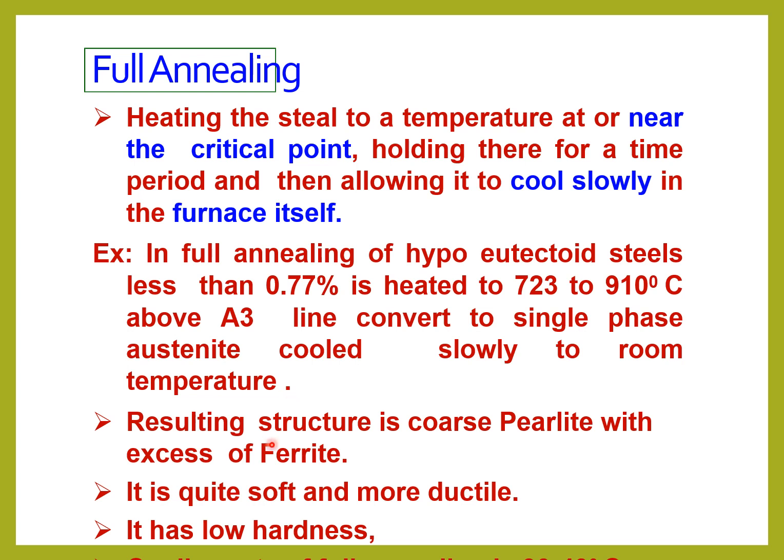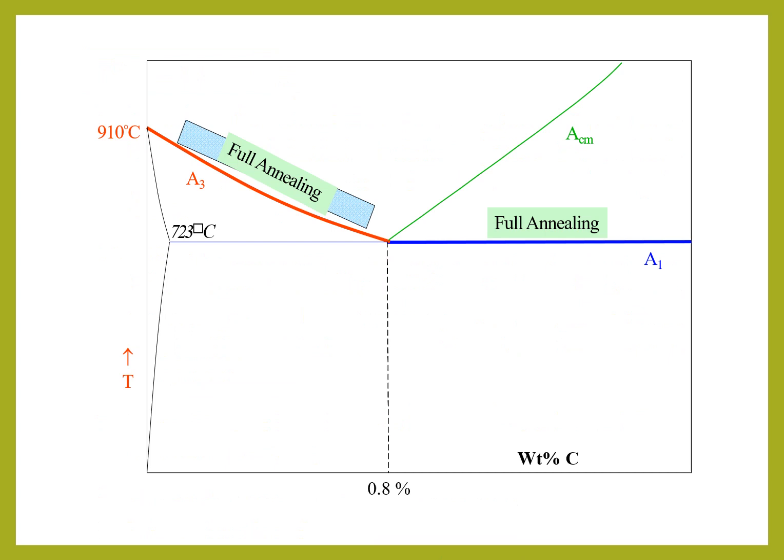Before heat treatment, the structure is very coarse, with very large grains, and after heat treatment the grain size is fine, and the properties also improve. So it is soft and ductile with low hardness. These are the major properties.